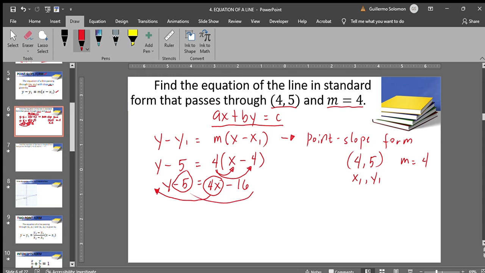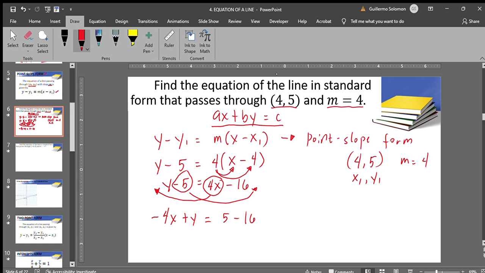So mangyayari, from positive 4x, ililipat ko siya dito, it will become negative 4x. And then rewrite y plus y equals. So from negative 5, ililipat ko siya dito, from negative 5 it will become positive 5. And then minus 16. Ayan.